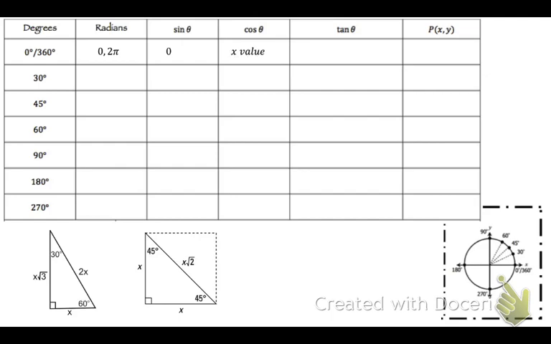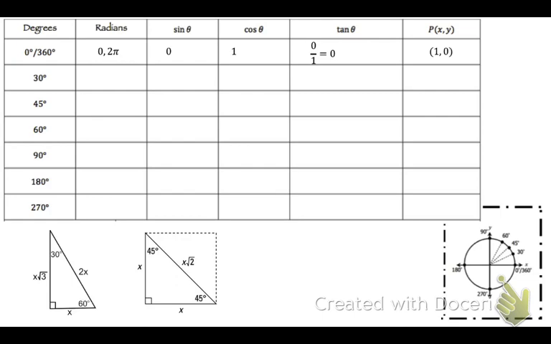Cosine corresponds with the x value, so the x value right there is 1. Tangent is y over x, so that's 0 over 1, which is 0. Now my point is cosine then sine, so that's (1, 0). That first one's pretty straightforward.